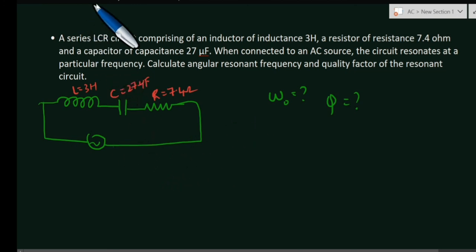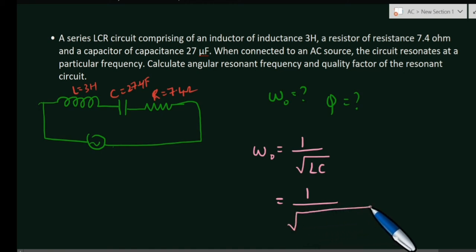Okay, now we can calculate the value of omega naught by using angular resonant frequency. Omega naught is equal to 1 divided by square root of LC. So we'll substitute both the values of L and C. L value is 3 Henry and C value is equal to 27 into 10 to the power minus 6.